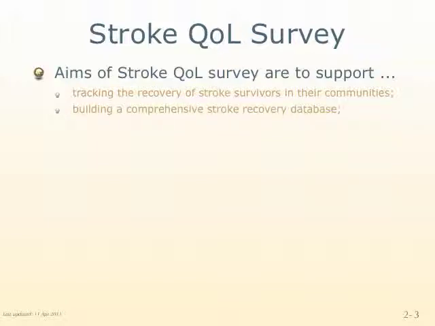The accumulation of a comprehensive stroke recovery database that is extremely useful for medical researchers, medical professionals, medical educators, service providers, and community healthcare administrators. And the planning and delivery of the kind of community-based stroke care services needed in all Australian communities.